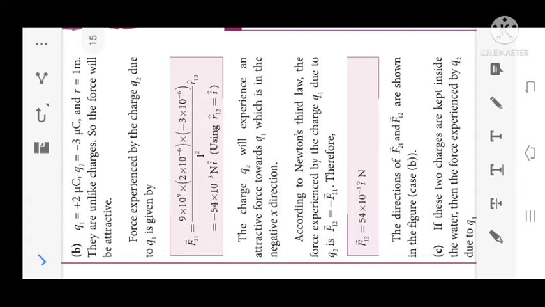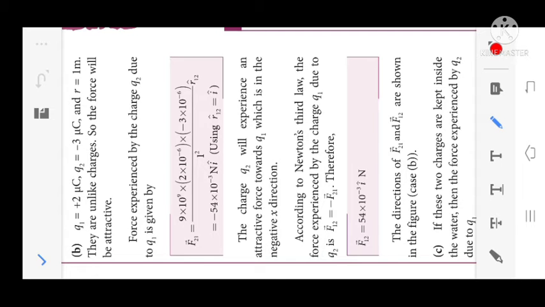Now look at section B. Q1 is equal to plus 2 microcoulomb, Q2 is equal to minus 3 microcoulomb, and r is equal to 1 meter. So the F21 vector is equal to 9 into 10 power 9, which is the K value, times Q1 and Q2. F21 acts along the direction of the r12 vector.